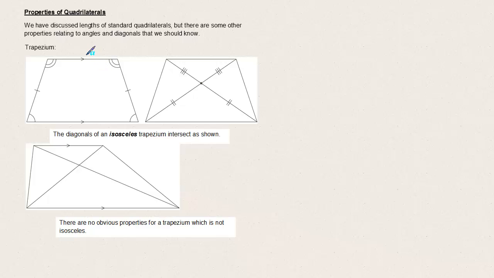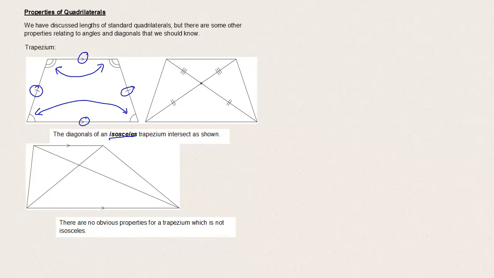We know that a trapezium has two parallel sides. This one here is a special one called the isosceles trapezium, and that has these two lengths equal, and that means that these two top angles are equal to each other, and these two angles, known as the base angles, are also equal to each other.